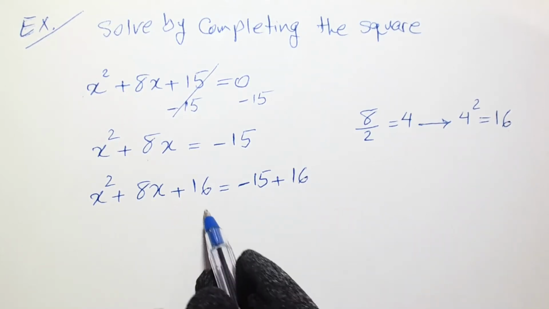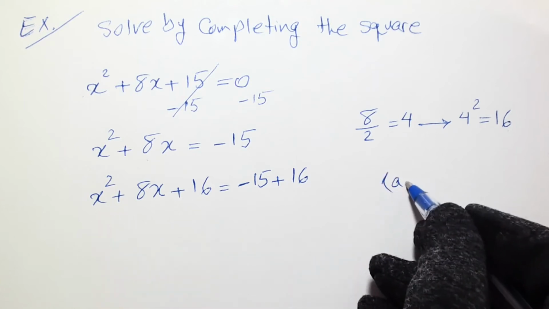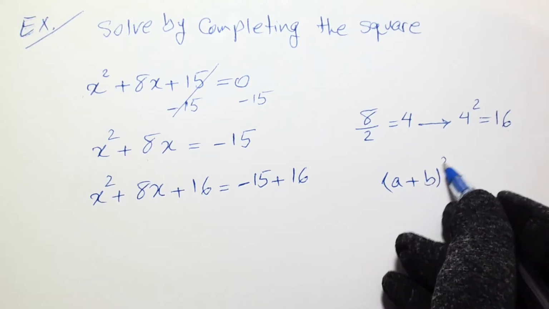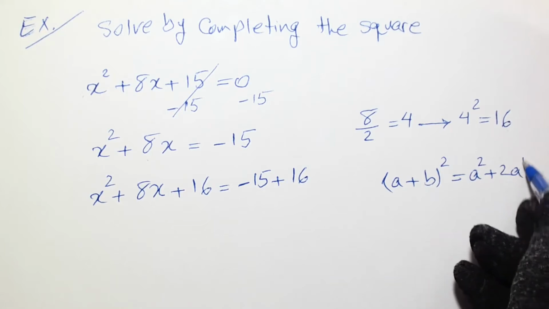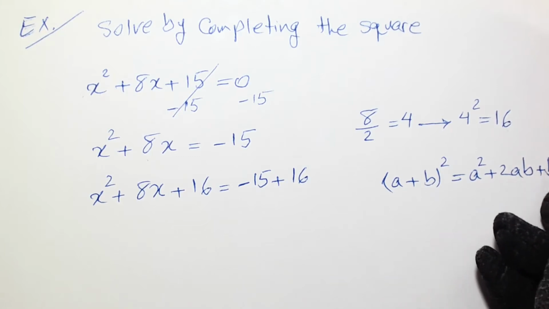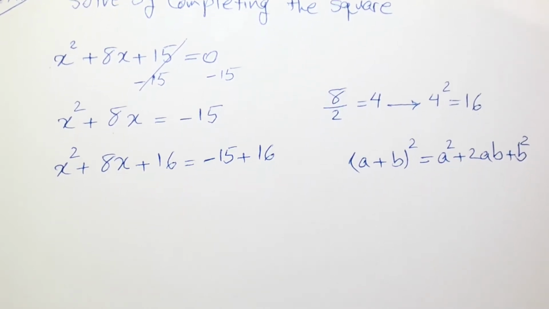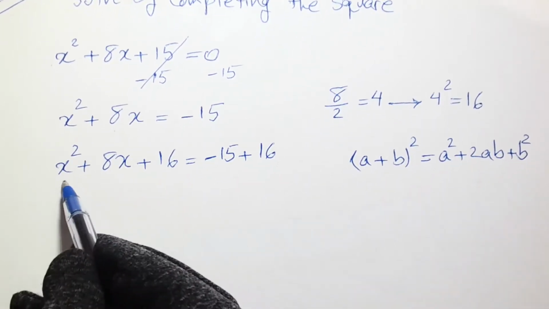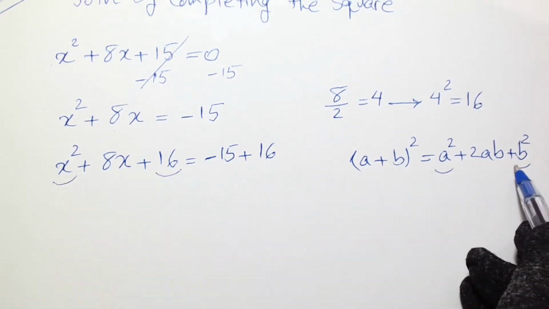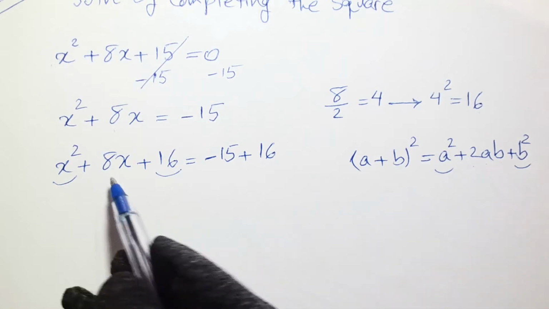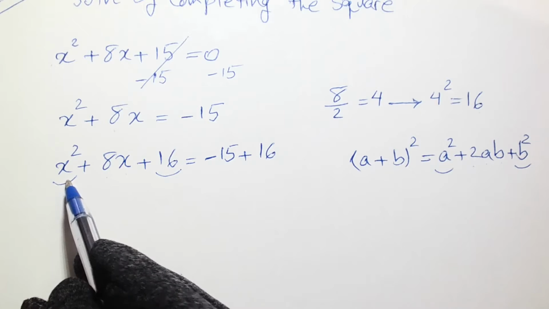Now on the left side, if you remember, we had (a plus b) squared equals a squared plus 2ab plus b squared. If you pay attention to the left side, here x squared is a squared, 16 is b squared, and 2ab is 8x. A squared is x squared, so a is x.